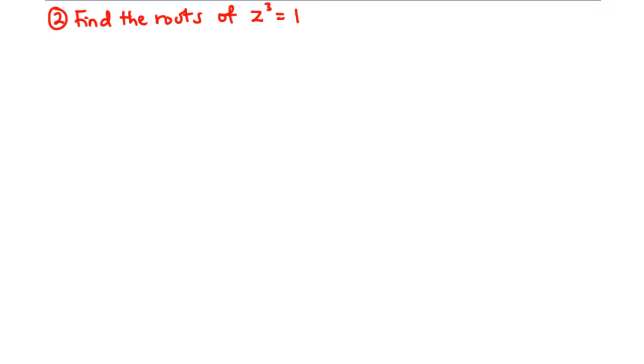So for example 2, find the roots of z cubed equals 1. So here, since we have z cubed, it means that we are going to obtain 3 roots. So z cubed can be expressed as 1 plus j0. So like we did in the previous example, let's represent this on the Argand diagram.